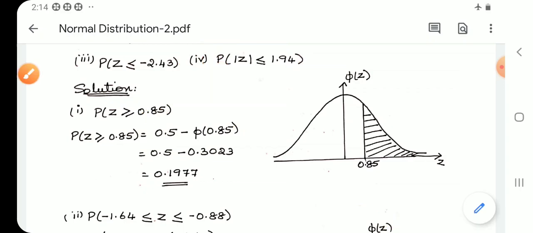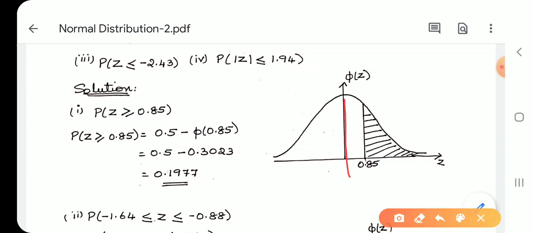Now according to this result, if I see this figure, the entire right half of the curve is equal to 0.5. So from this half of the curve, I have to subtract the small portion of the curve. Here this portion which I have shaded in red, I have to subtract this region from the half of the curve so that I get the shaded part.